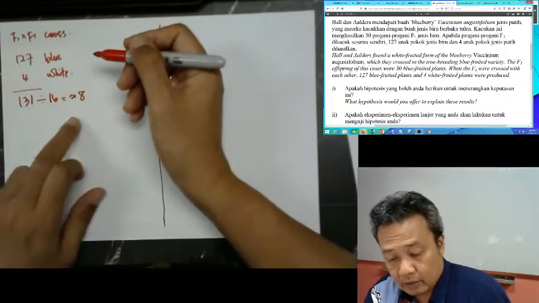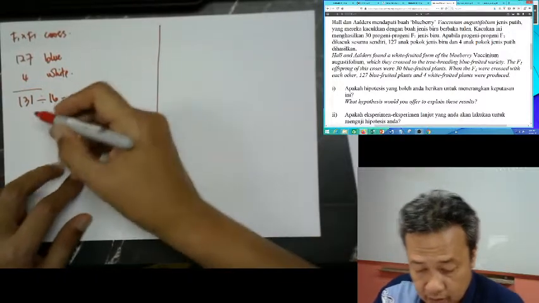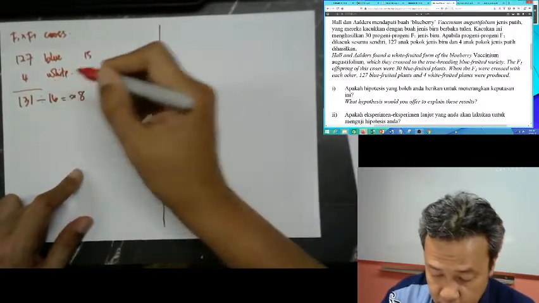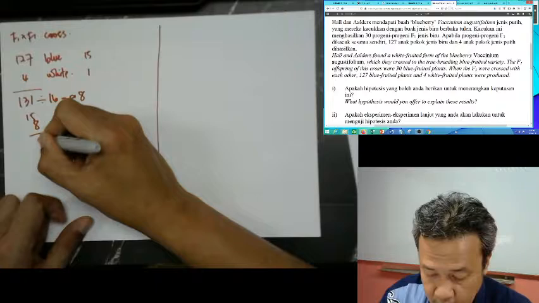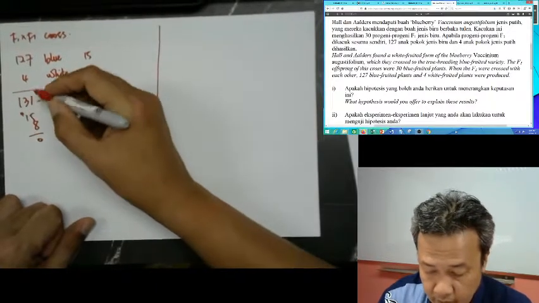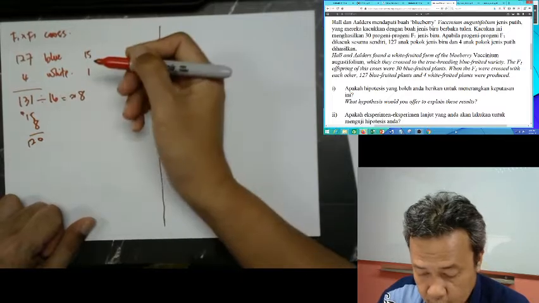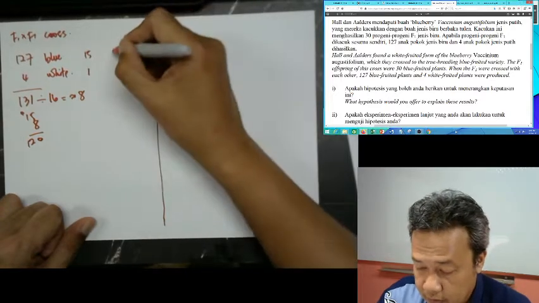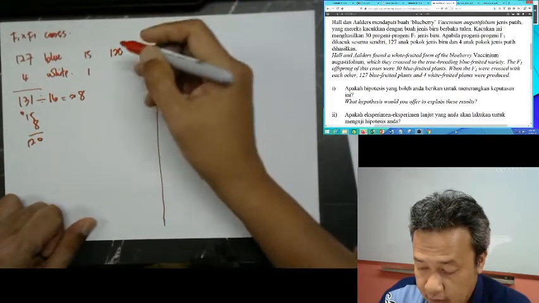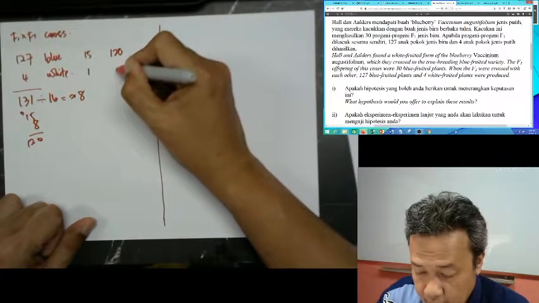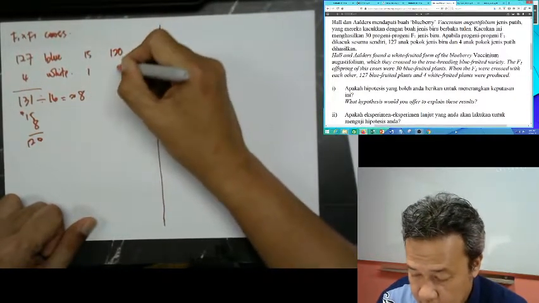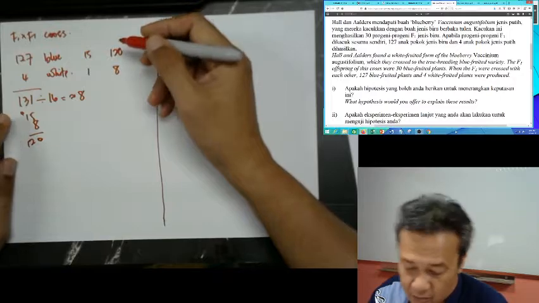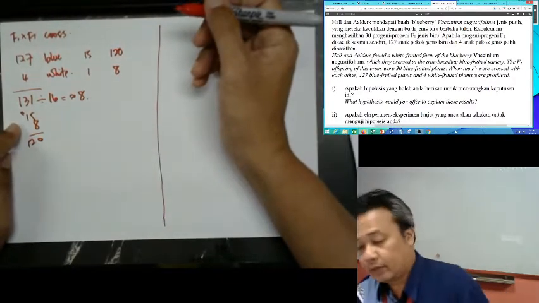So under the ratio of 15:1, 8 times 15 is 120, and then 8. This is 8 point something.